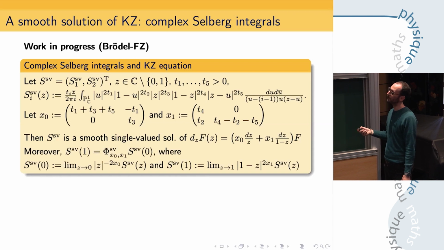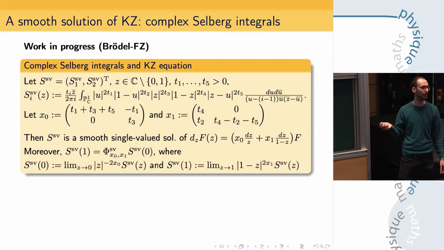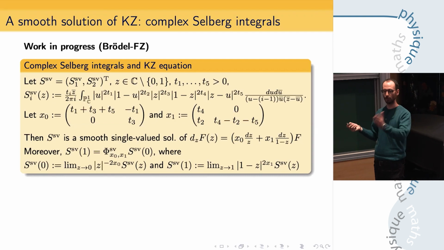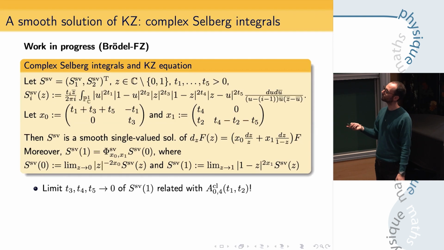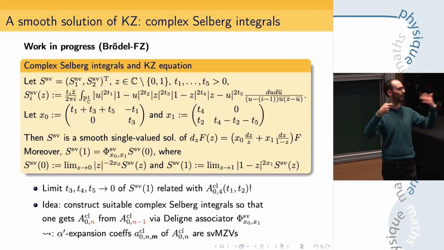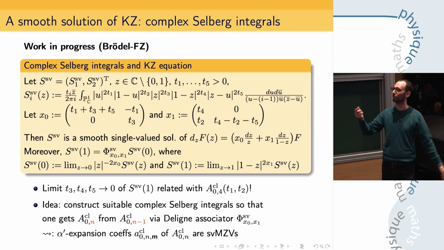And again, the special values will be related at 1 and 0, but not by the Drinfeld associator, because we're in the single-valued case. They will be related by the Deligne associator, which is just a generating series of single-valued multiple zeta values. And so again, you take some limit for some of the Mandelstam variables, and you get the closed string amplitudes of n points and n minus 1 points, and you relate them via the Deligne associator.